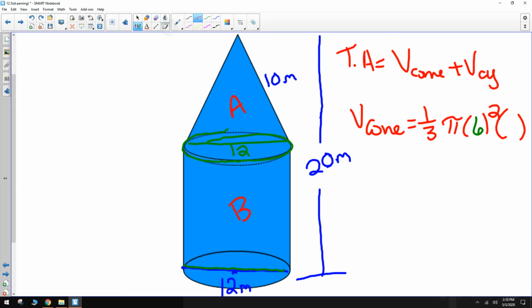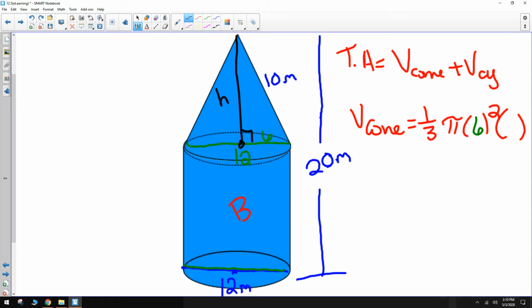Let me erase some of this stuff so it's a little neater. All right, so we know diameter here is 12. We're going to draw in the true height here, 90 degrees. Remember, it goes through the center, so it cuts the diameter in half, making that 6.